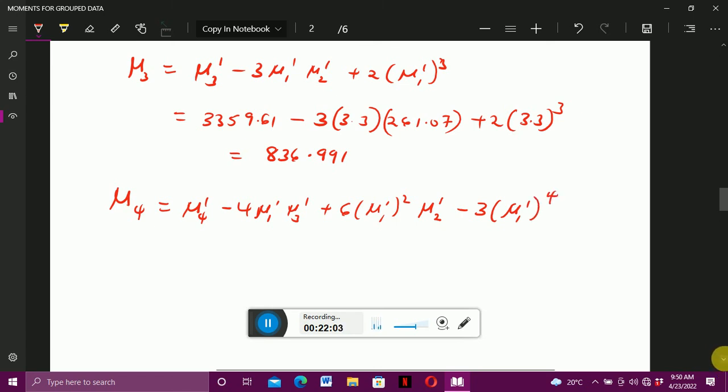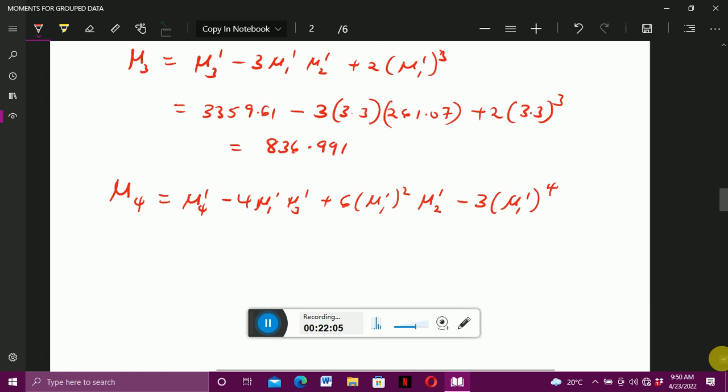We already have all those moments about different points. So mu4 prime is 221,576.35.